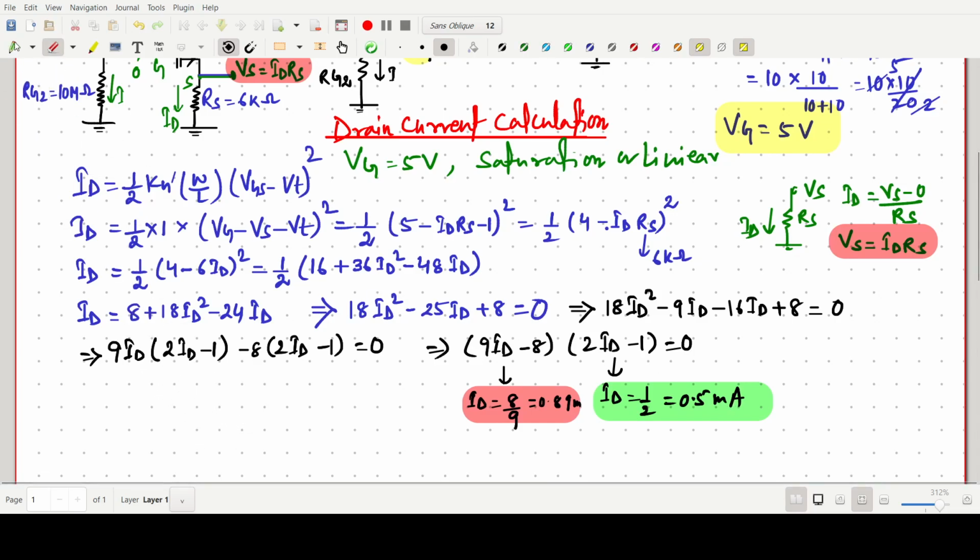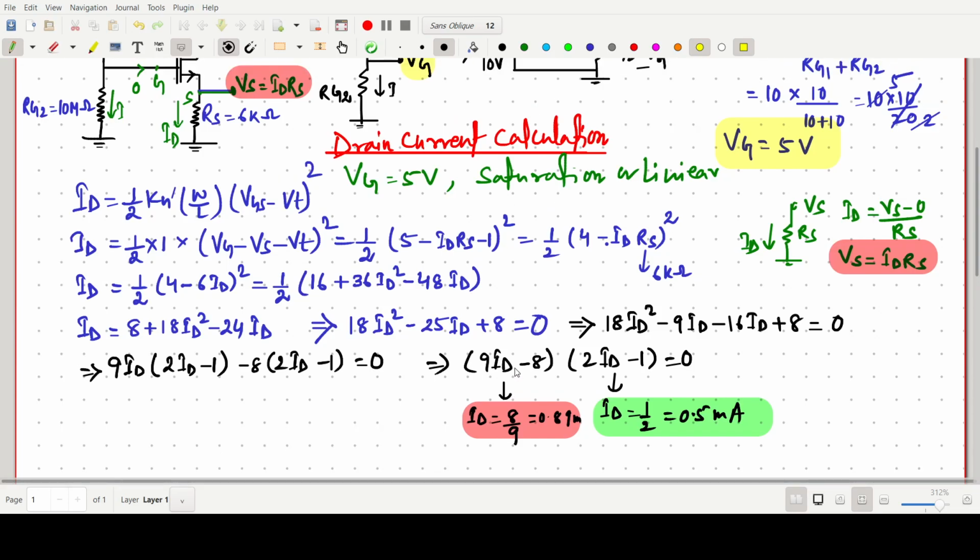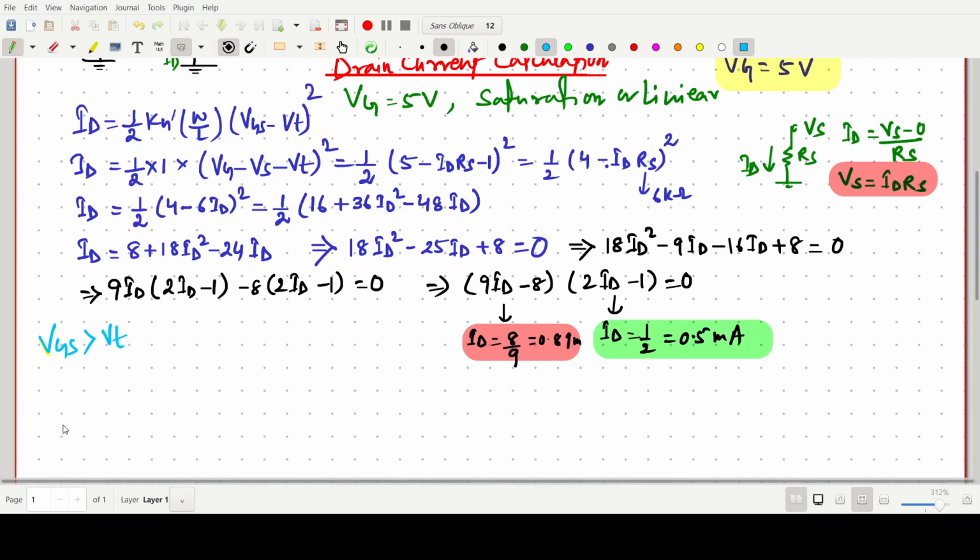For this purpose, our gate to source voltage will be greater than 0 for the transistor to be in the on state. So VGS should be greater than or equal to VT. The gate voltage is given, so now we have to find the source voltage.